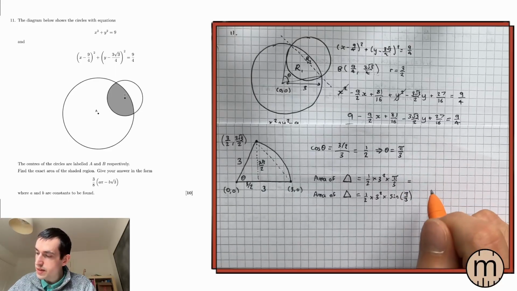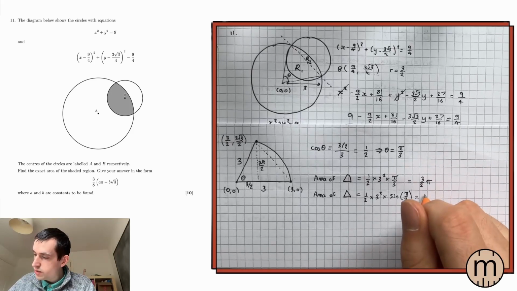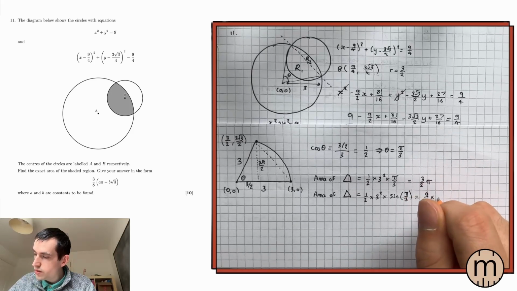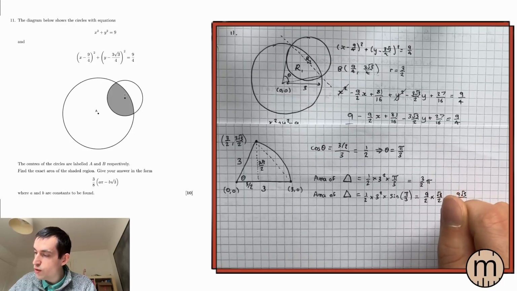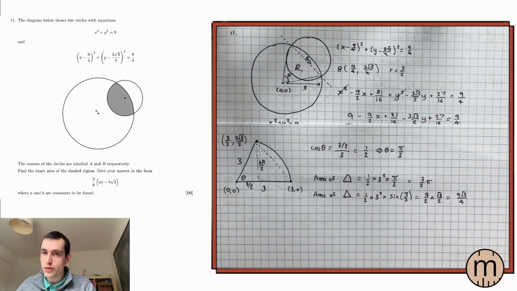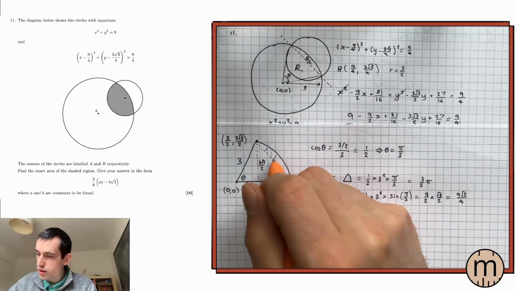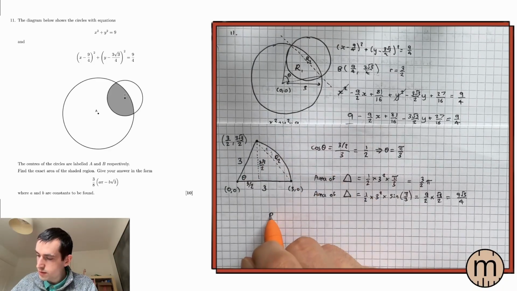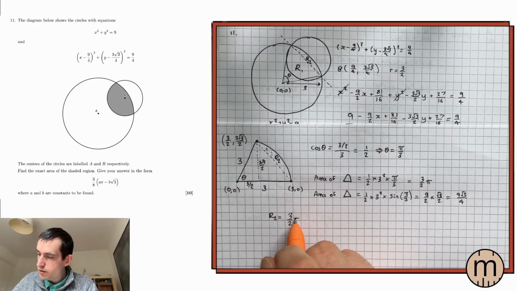So simplifying things, this is going to be 3 over 2 pi, and then this one is going to be 9 over 2 times root 3 over 2, so 9 root 3 over 4. Put it all together, the area of the segment, which we called R2, will be the area of the sector, subtract the area of the triangle.